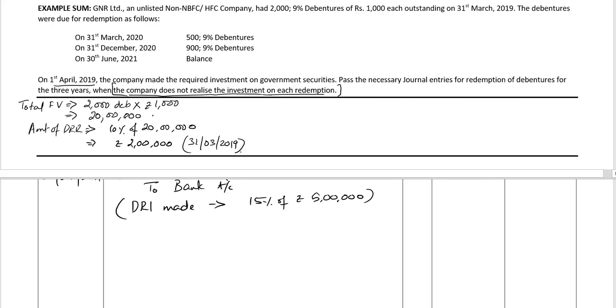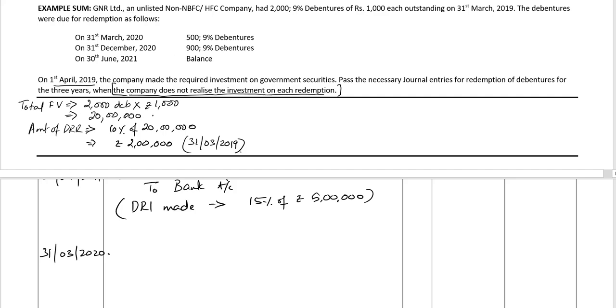We'll move on to the date of the first redemption, 31/3/2020. Now we will not sell the DRI which is invested because we are going to carry it forward to the next year.